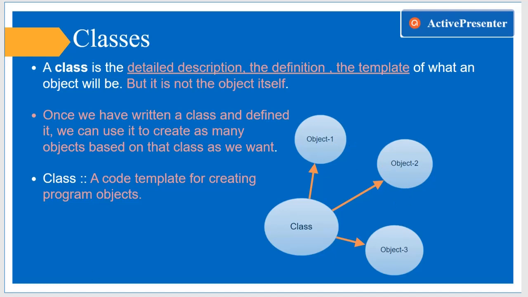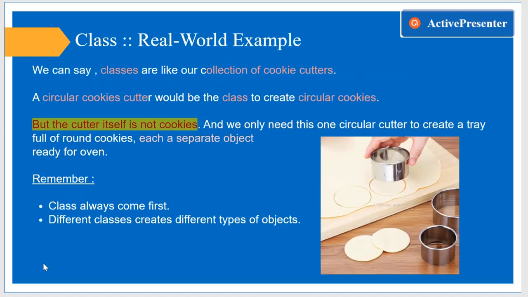So what is a class? A class is a blueprint, a template. Let's take a real world example. We can say classes are like a collection of cookie cutters. You can see there are cookie cutters of different shapes.